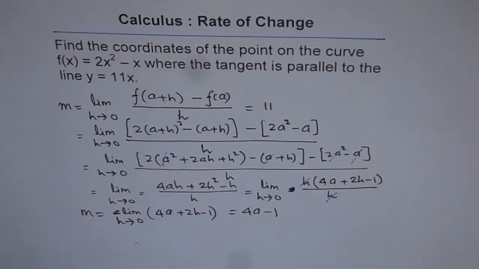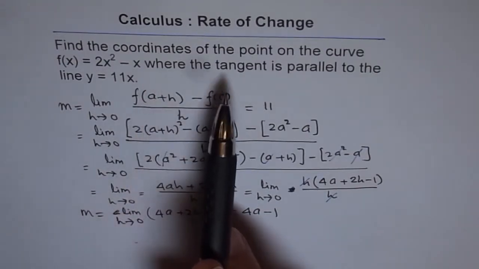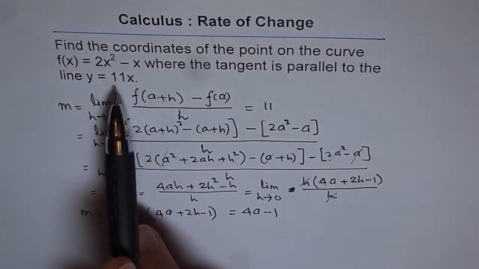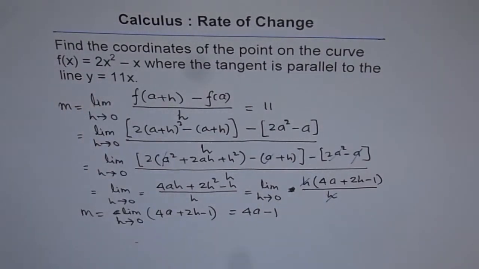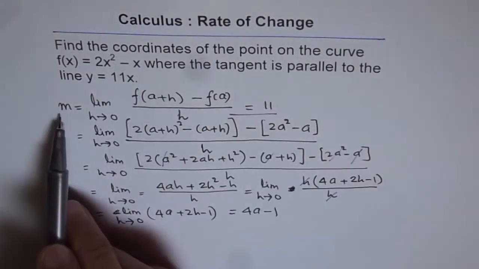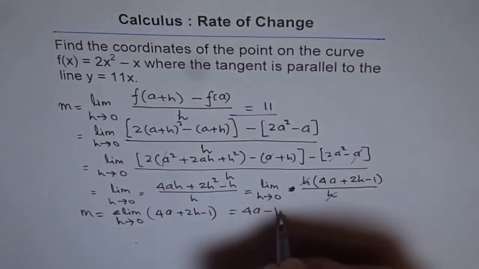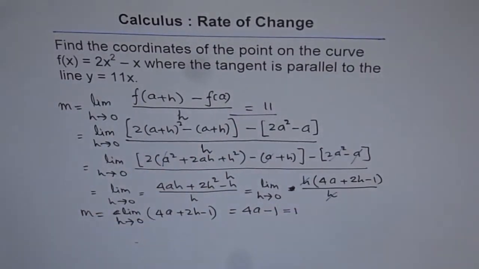Now what do we need to do? Where the tangent is parallel to the line y equals 11x, the slope of this line is 11. So we'll equate this to 11 to find what that point is, right? So we'll say that 4a minus 1 is equal to 11, correct?